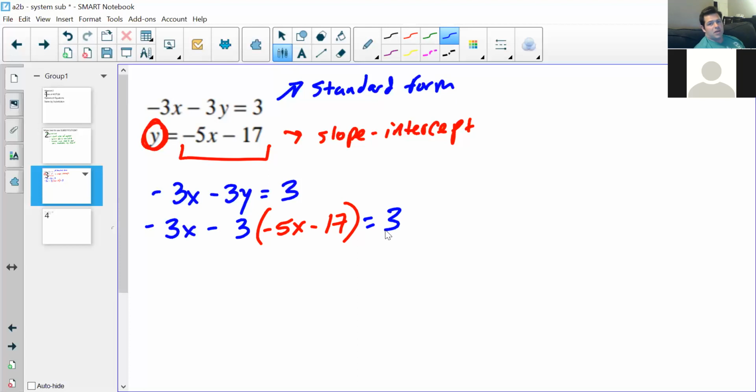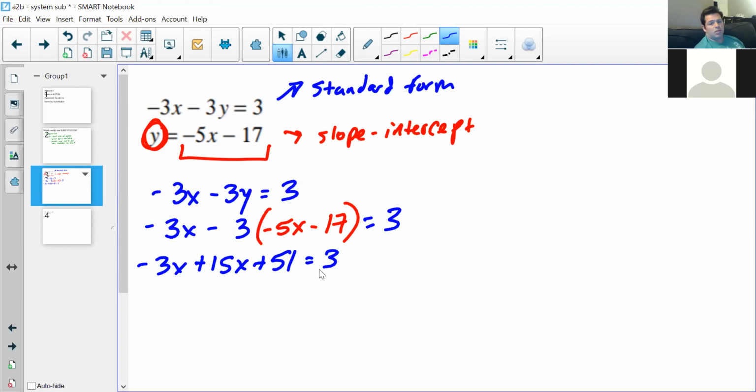Now I'm just doing some algebra here and using good usage of all the properties that I have. I'm going to go ahead and distribute negative 3. I do have to be careful, that is a negative 3 there. So negative 3 times negative 5x would actually be positive 15x. Negative 3 times negative 17 would actually be positive 51.